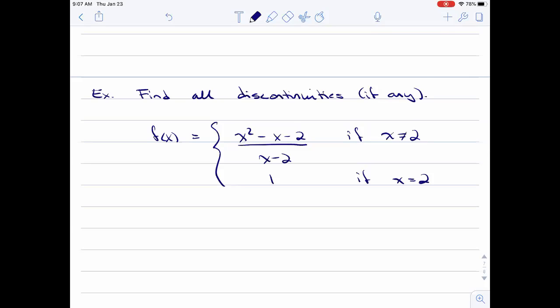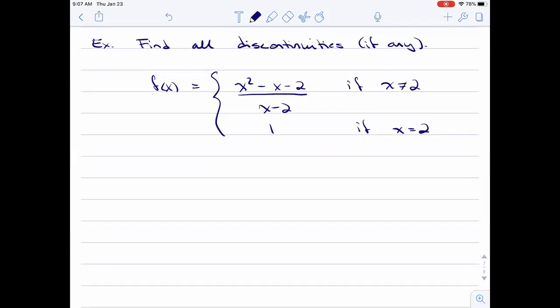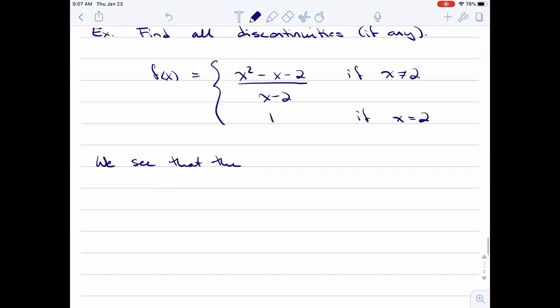And so we see that the domain of f of x is the set of real numbers, right, from negative infinity to positive infinity.